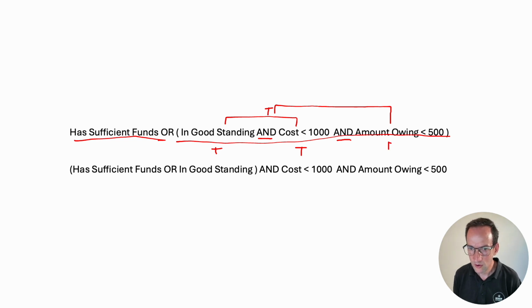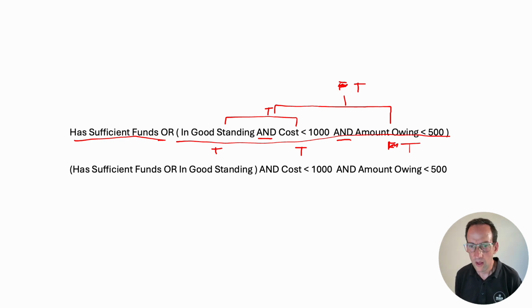If that is false, then here I would do true and false. And so the result of that would be false. If on the other hand, this was true here, this would be the only case, then the response would be true. That would be the only way to get a true response here.